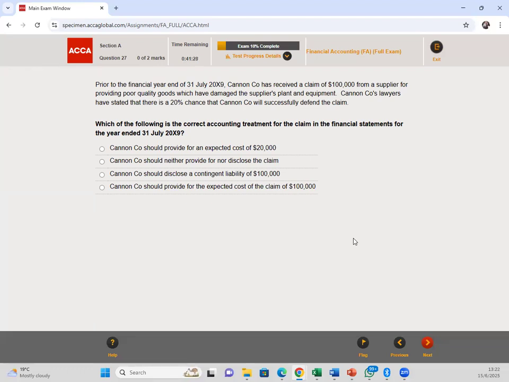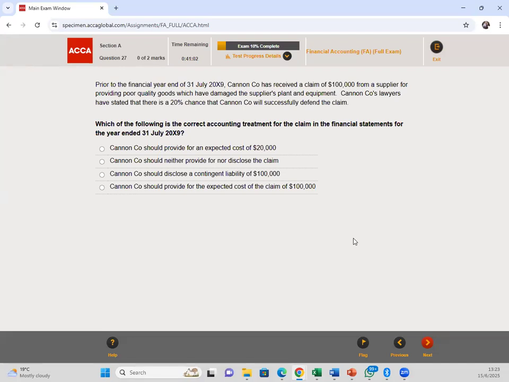Remember, we did talk about this percentage. Is it certain? Is it probable? Is it possible? Is it remote? Which category is 20%? It's possible, right?